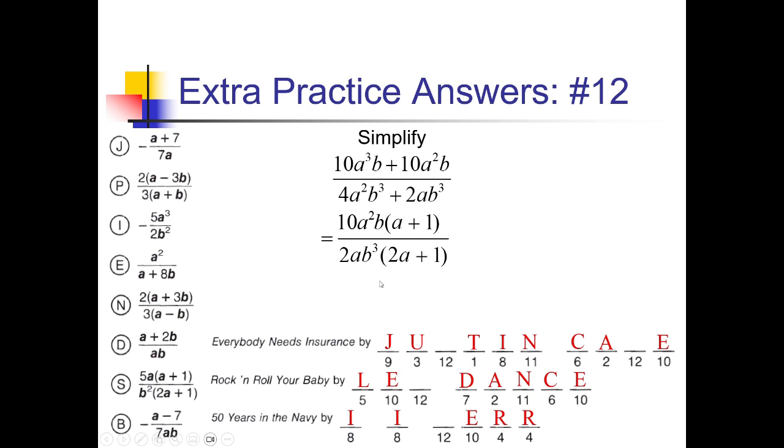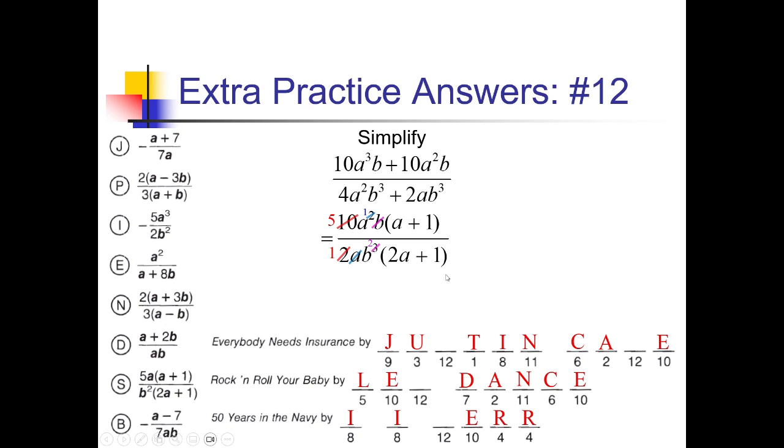Let's see what I can reduce now. Can't factor any further. 10 over 2 reduces to 5 over 1. A's reduced to give me an a to the first power in the numerator, and these b's are going to reduce to give me a b squared in my denominator. And then I can't cancel anything else out.